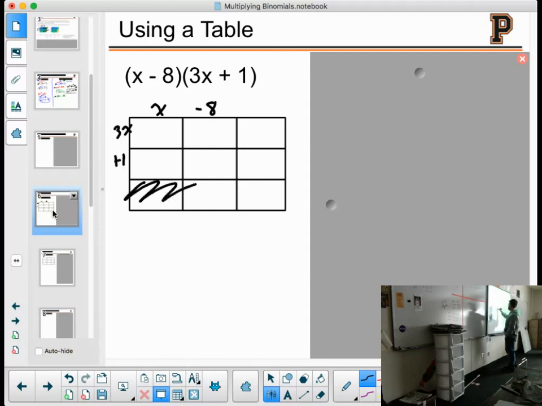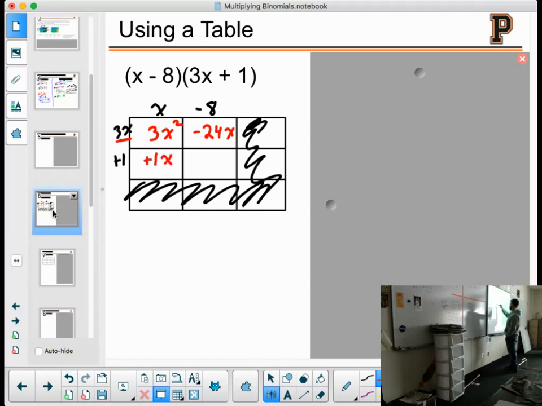Okay, we're going to kind of ignore these outers for the time being and just find the area of that square. Well, if you took 3x times x, that's 3x to the second power. If you took 3x times a minus 8, that's minus 24x. If you took x times 1, that's just plus 1x. And if you took 1 times negative 8, that's minus 8.